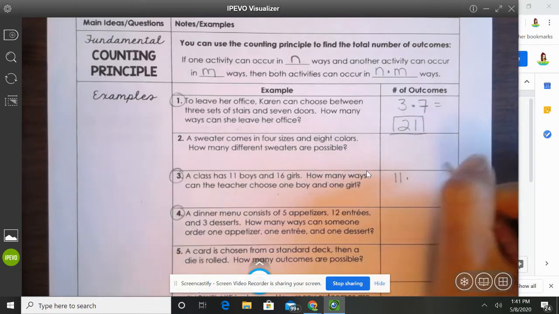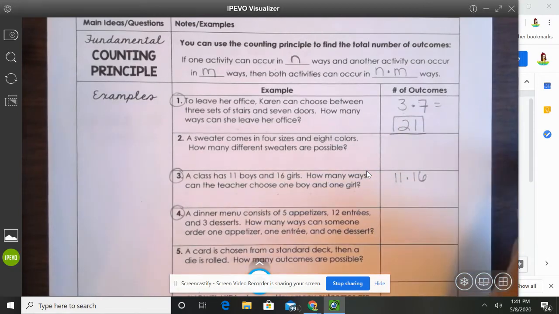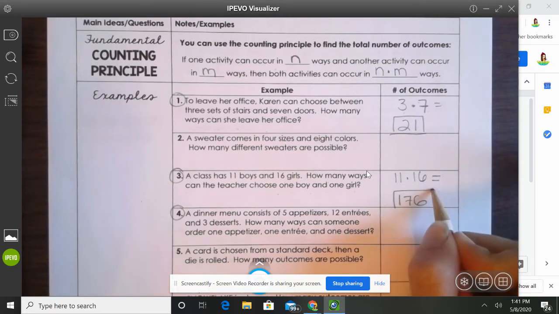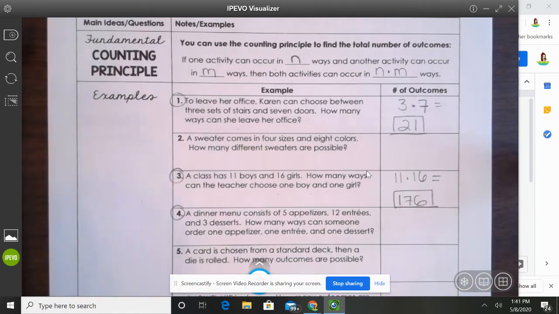Again, we multiply 11 times 16, that is 176. That's called the counting principle. You have 11 ways that can happen times 16 ways that can happen, then you multiply them both. And that's the total ways that the teacher can choose one boy and one girl.